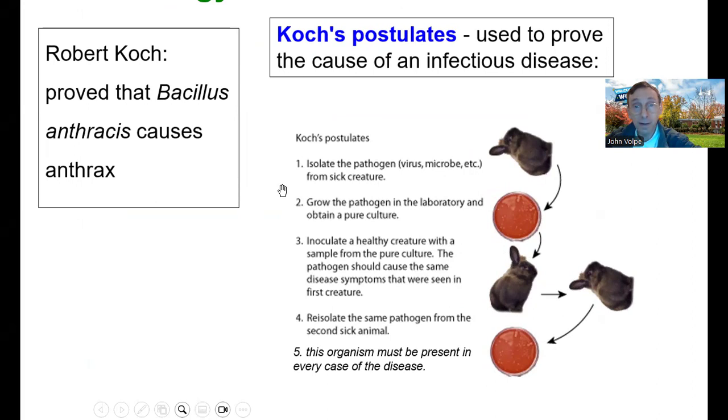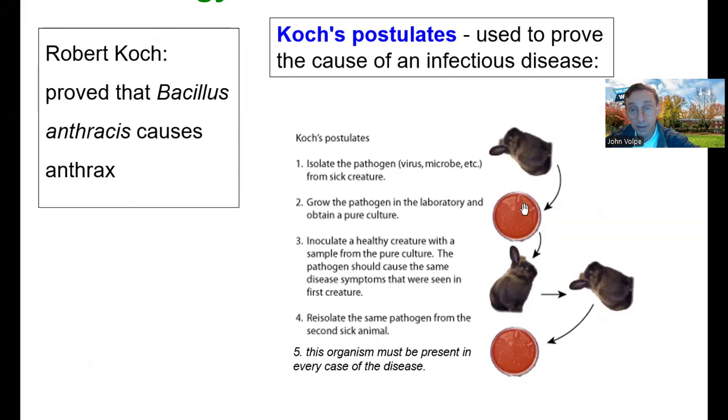The steps of Koch's postulates are, first, you obtain a pathogen from a sick individual, or in this case, a sick bunny. You have to grow it up in tissue culture, and you have to isolate it and grow it as a pure species.